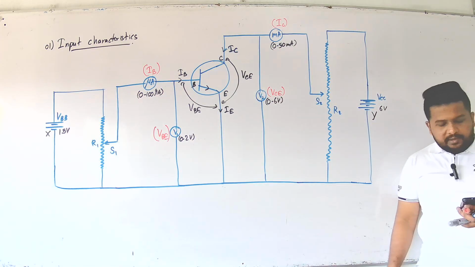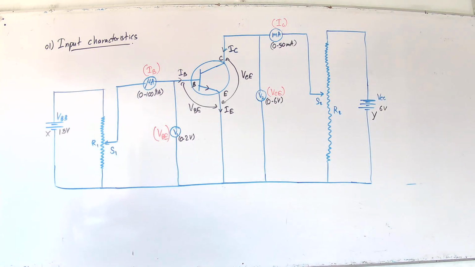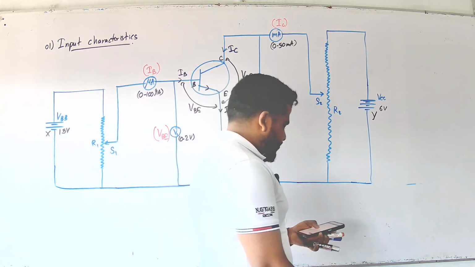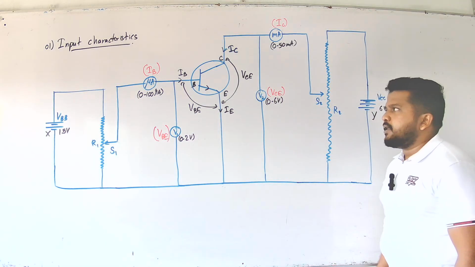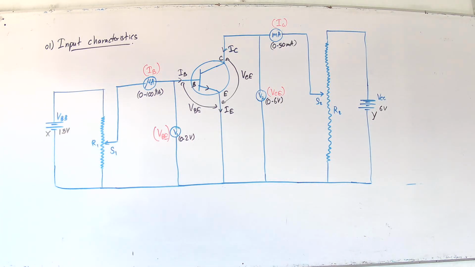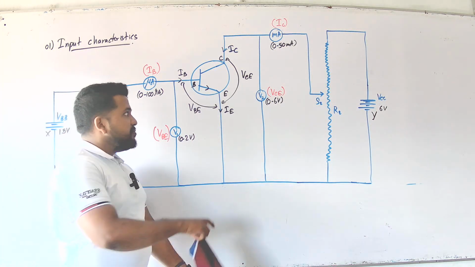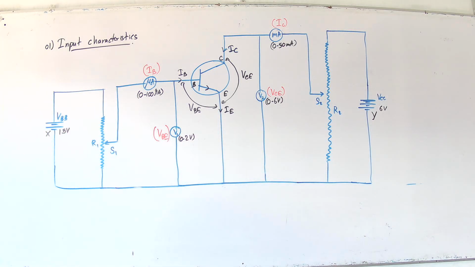The way the input current IB varies with VBE is given by the input characteristics.